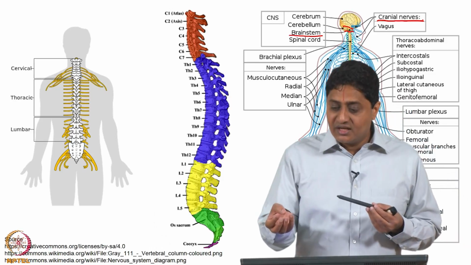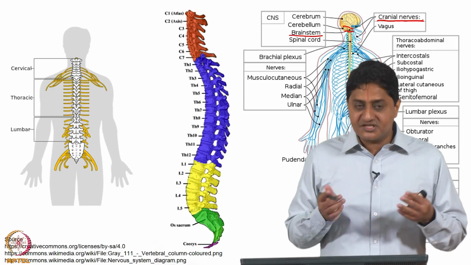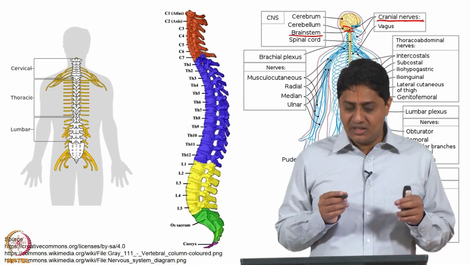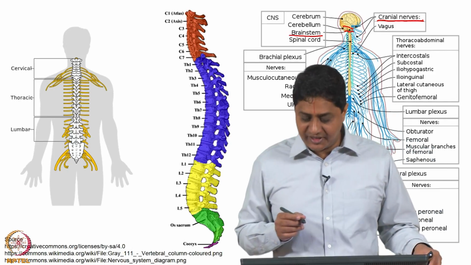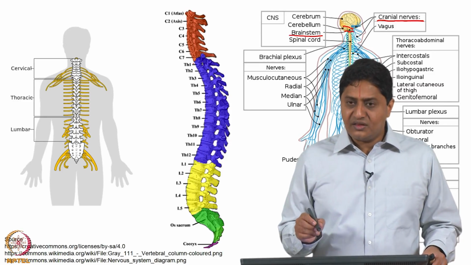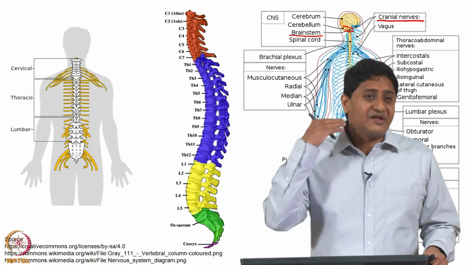That involves a combination of sensory as well as motor functions. So these must somehow be carried, and that is carried with the help of nerves from the cervical spinal cord, or the set of nerves that arise from the neck.